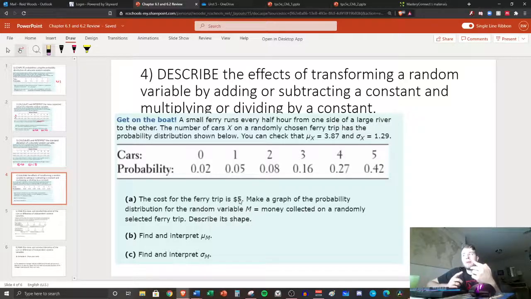We're multiplying by $5. So what do we need to change here? Well, we're going to take the original mean, we're going to multiply it by 5. So the mean of M is equal to 3.87 times 5.